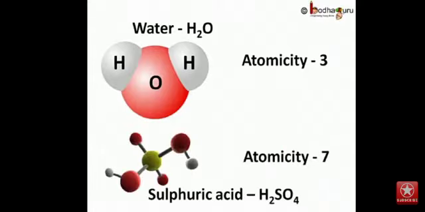Same way, sulfuric acid, whose symbol is H2SO4, has atomicity 7, as one molecule of sulfuric acid has 2 hydrogen, 1 sulfur and 4 oxygen atoms. That is a total of 7 atoms in one molecule of sulfuric acid.